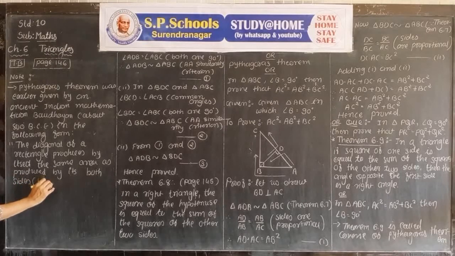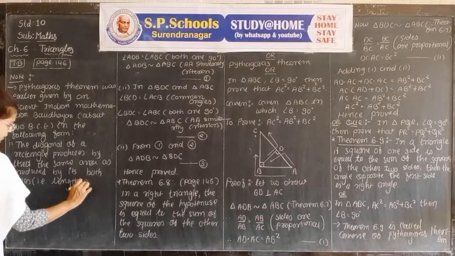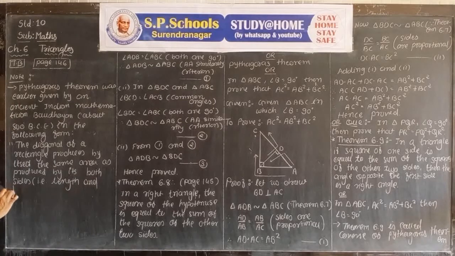Both sides means, as we know, in a rectangle the sides are length and breadth.